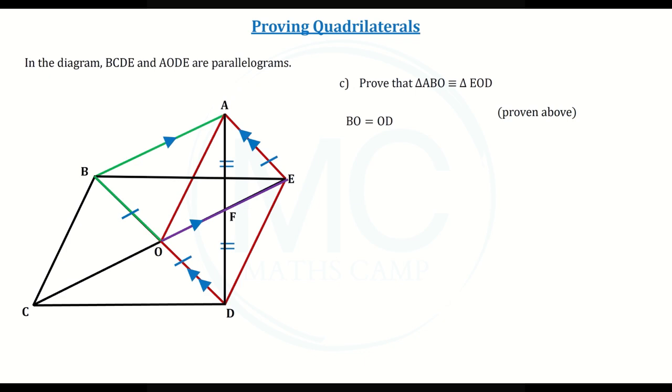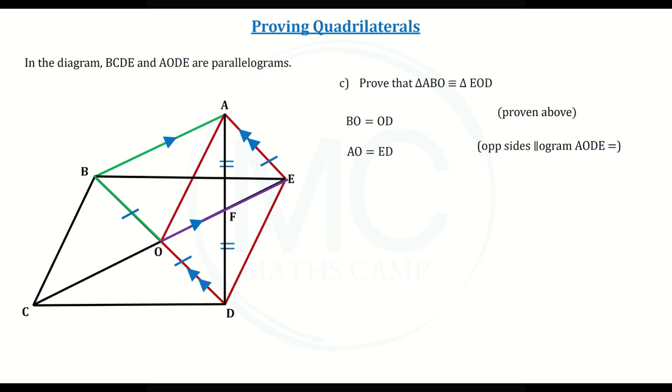We can see that AO lies in triangle ABO and the opposite side ED lies in triangle EOD. So we can say that AO is equal to ED. And as our reason, because these are the opposite sides of parallelogram AODE, which are equal.